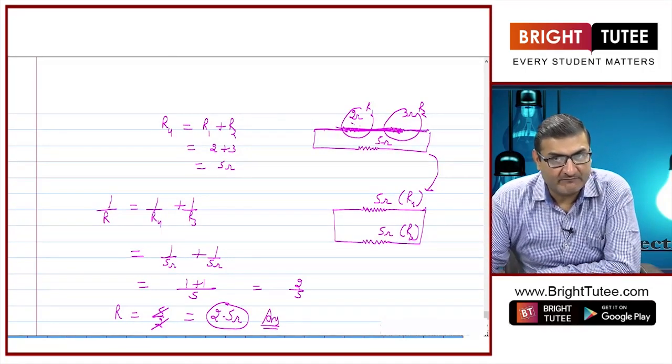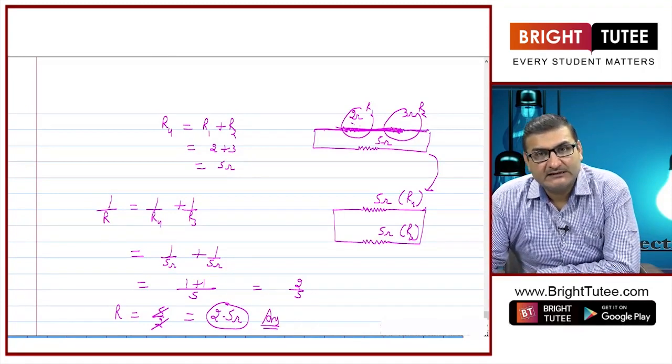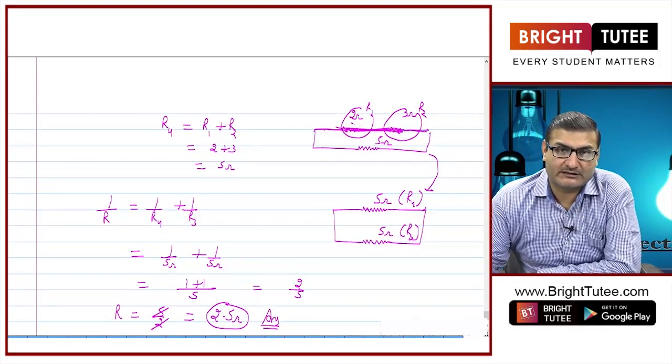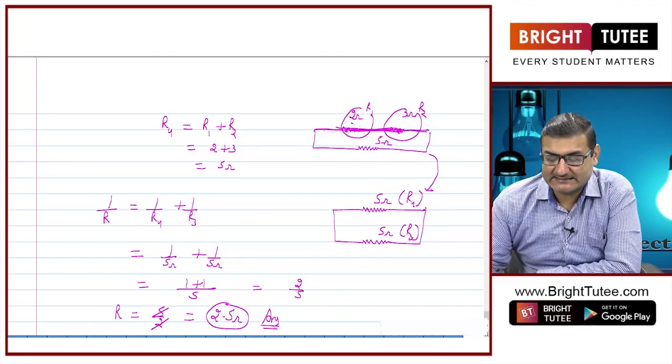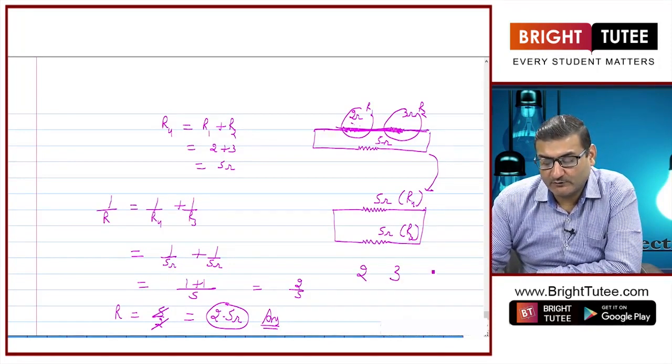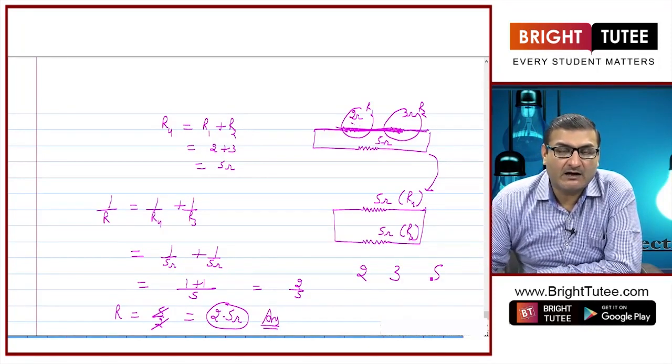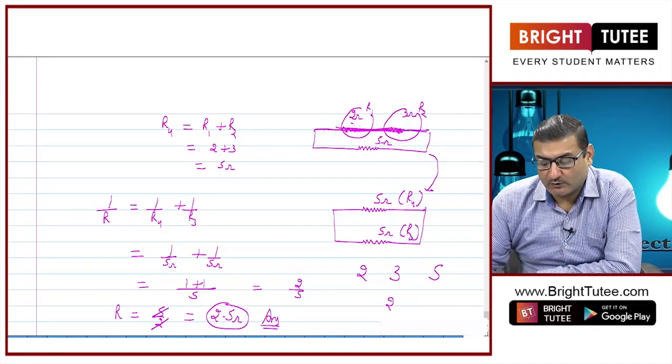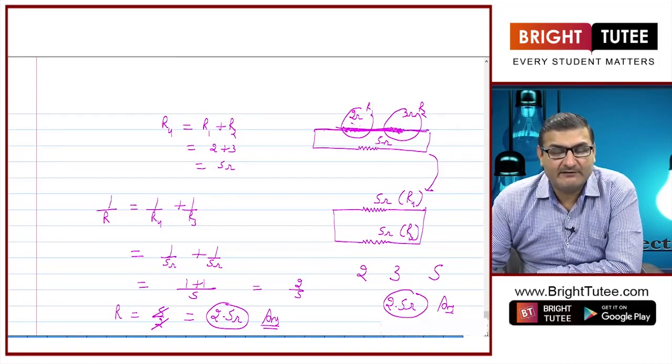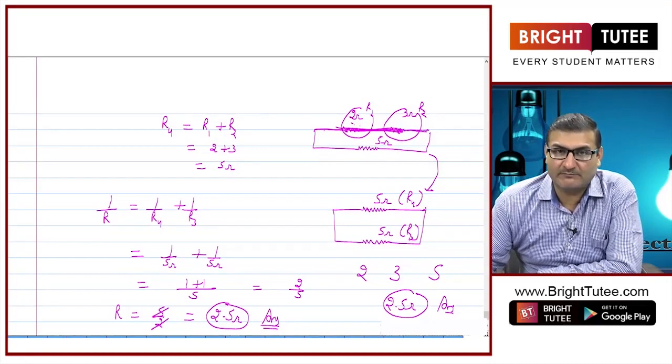So, you see, whenever I am given this particular option in the question, that you are given 3 resistances, 2 ohm, 3 ohm and 5 ohm, how will you connect these resistances so as to obtain a resultant resistance of 2.5 ohms? Then I will be using this particular combination.